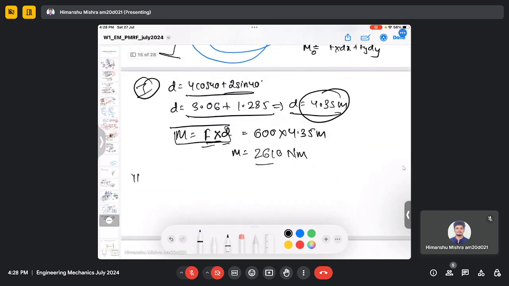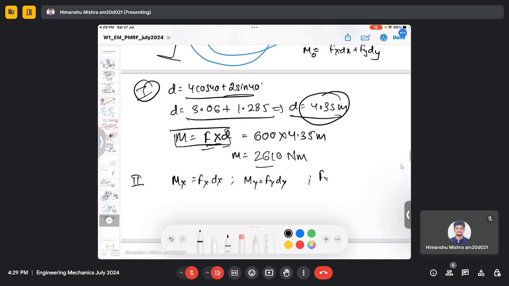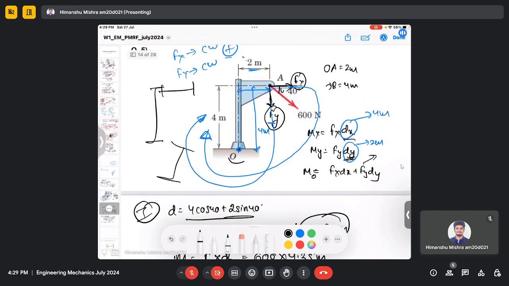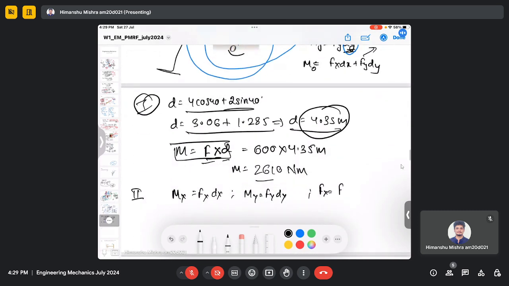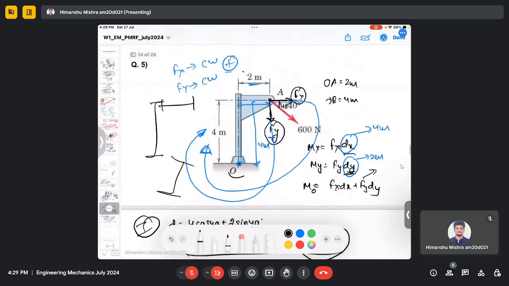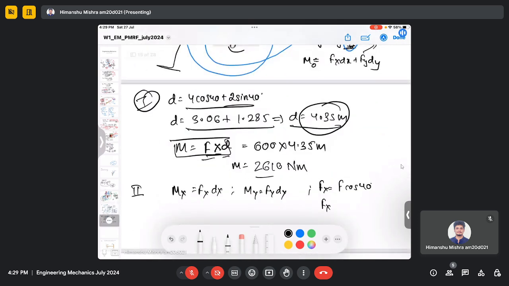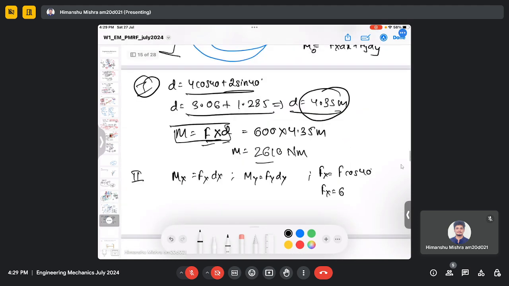So in the second approach, we are actually calculating the moment due to the components of the forces. So first we need to find the components of force. This is my angle 40. So my Fx will be F cos 40, so 600 cos 40, and Fy will be 600 sin 40.